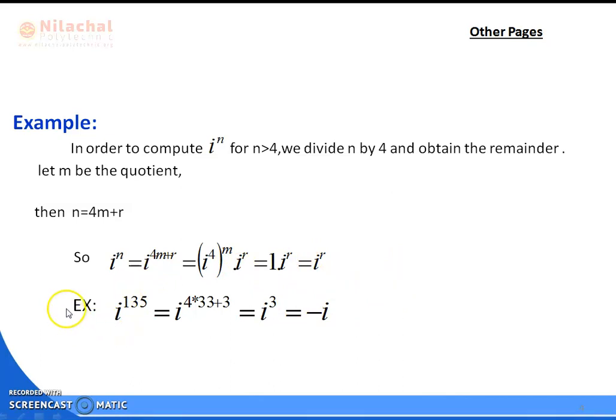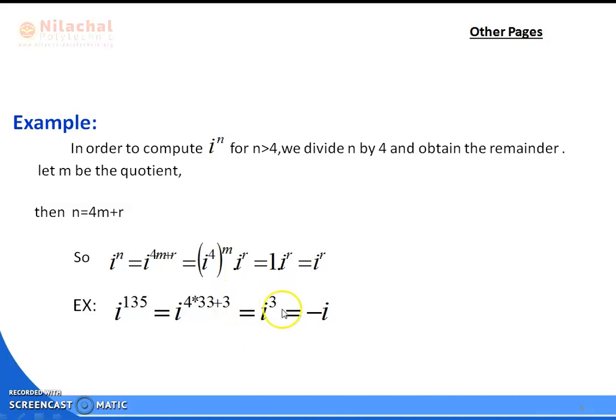So let's have one example, i to the power 135. If you divide 135 by 4, we will get 33 as your quotient and 3 as your remainder. So it will be represented as i to the power 4 into 33 plus 3. So that equals i to the power 4, that is 1 to the power 33, into i to the power 3.